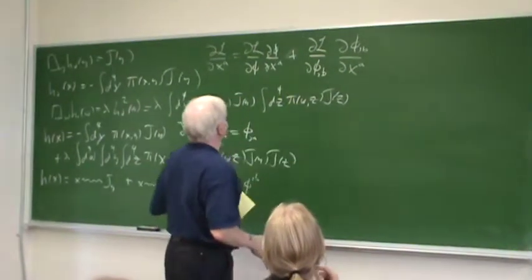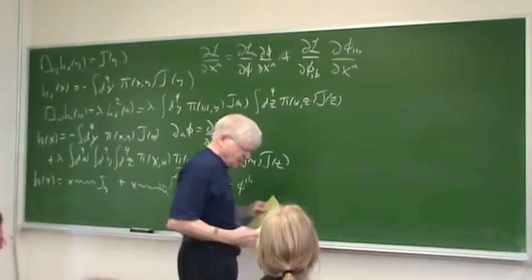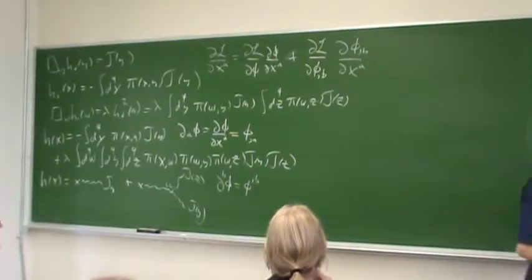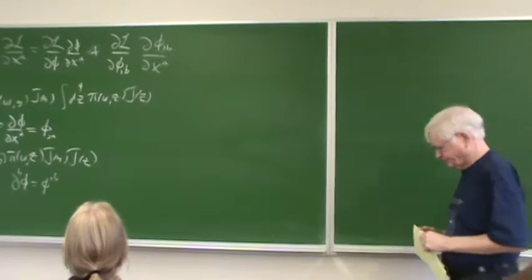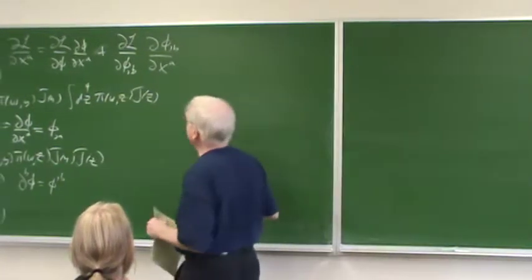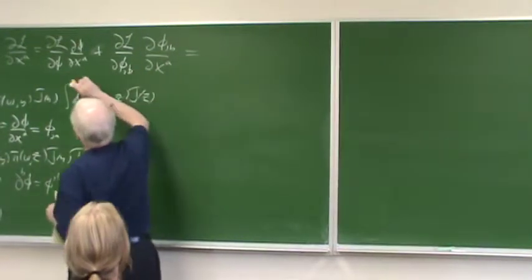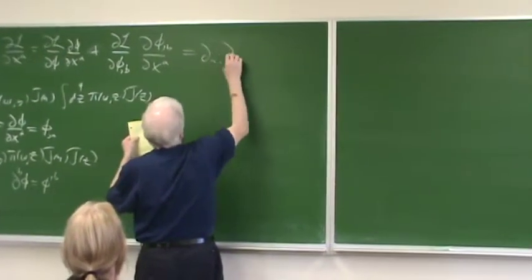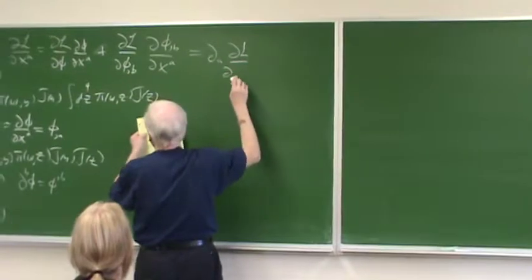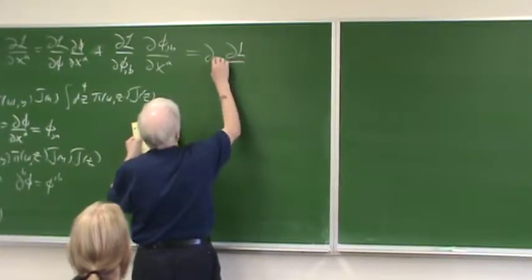And now we're assuming, whenever we're talking about the energy momentum tensor and such things, that the field equations are obeyed. So since the field equations are obeyed, we can rewrite this as dA partial A partial B actually.